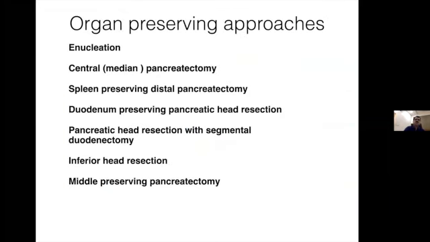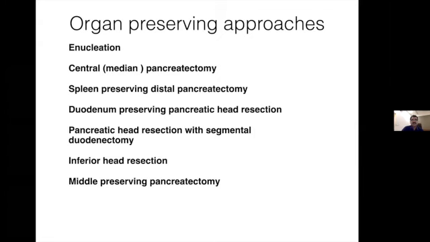So there are some organ preserving approaches described, because when you do surgery for IPMN, you may have multiple lesions, and if you continue to resect, the patient will not have a pancreas. It may amount to a total pancreatectomy. So there are many procedures described like enucleation, central pancreatectomy, spleen preserving distal pancreatectomy, duodenum preserving pancreatic head resection.